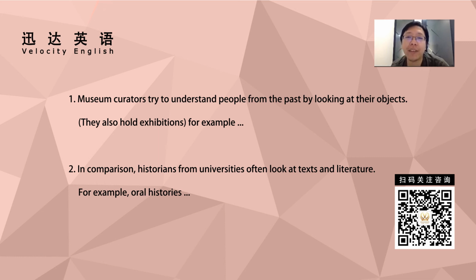Just as a quick example, I can't remember whose notes this was, but we've got the word collections. We've also got the word exhibitions. In my summary, I just use the word exhibitions. But the point is, collections and exhibitions are talking about the same thing. So you don't necessarily need both of those in your summary for it to be correct.